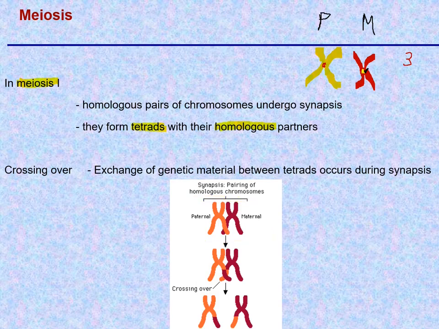So here you have this exchange occurring right in that region there. The end of the maternal chromosome 1 and the paternal are exchanged with each other. In other words, what you end up with, I'm going to draw over this one, is this situation.